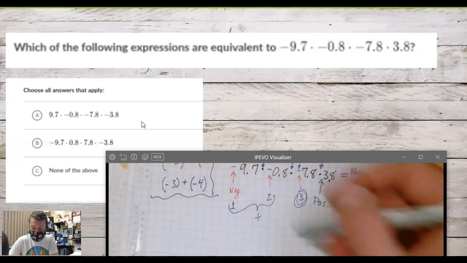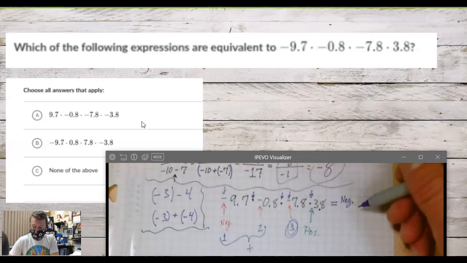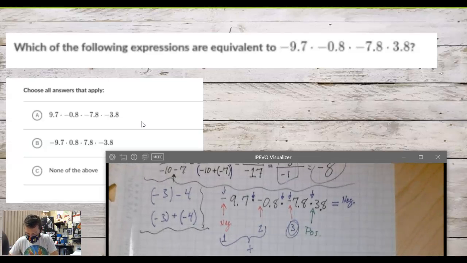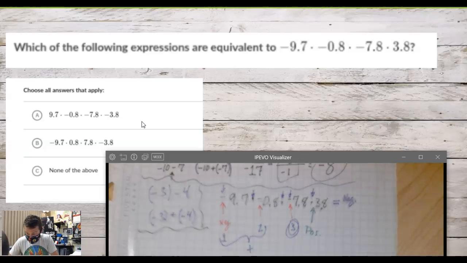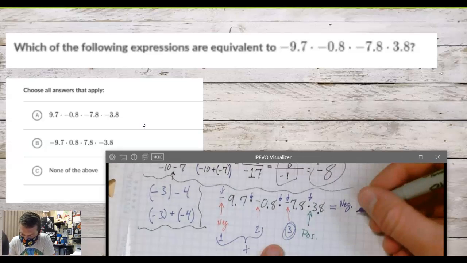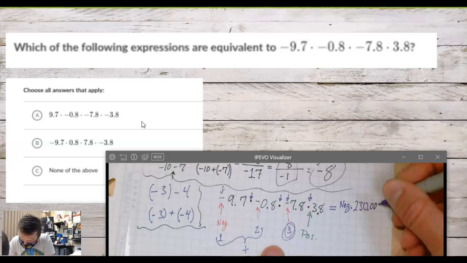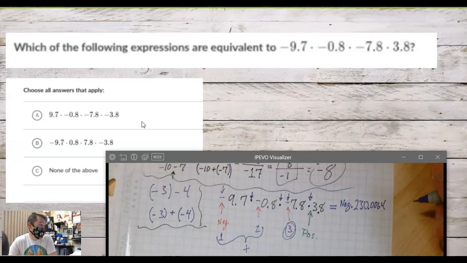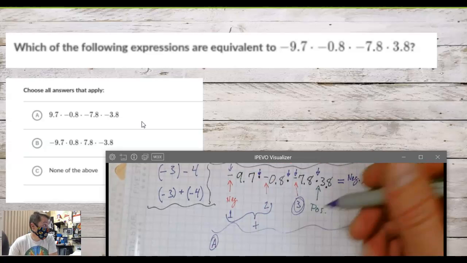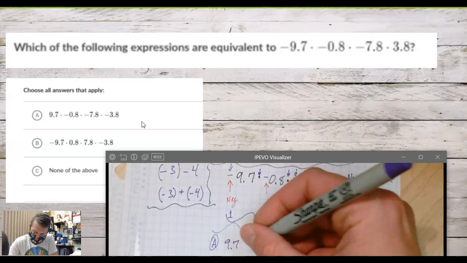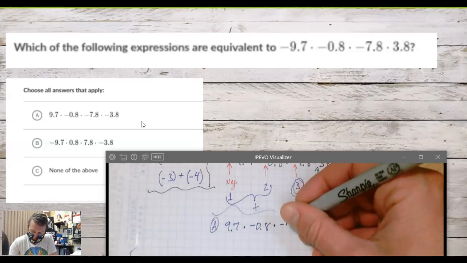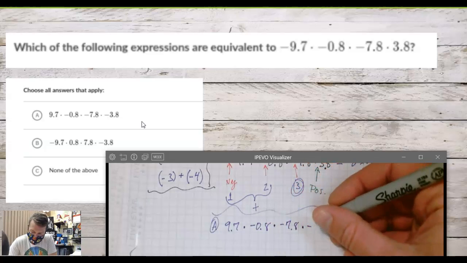So what I'm trying to say here is this problem will get negative, and actually if I calculate it really quickly, 9.7, 0.8, 7.8, 3.8. This is 230.0064. It's a really gross number. Well, not really gross. But then option A, there in our multiple choice options, 9.7 times negative 0.8 times negative 7.8 times negative 3.8.